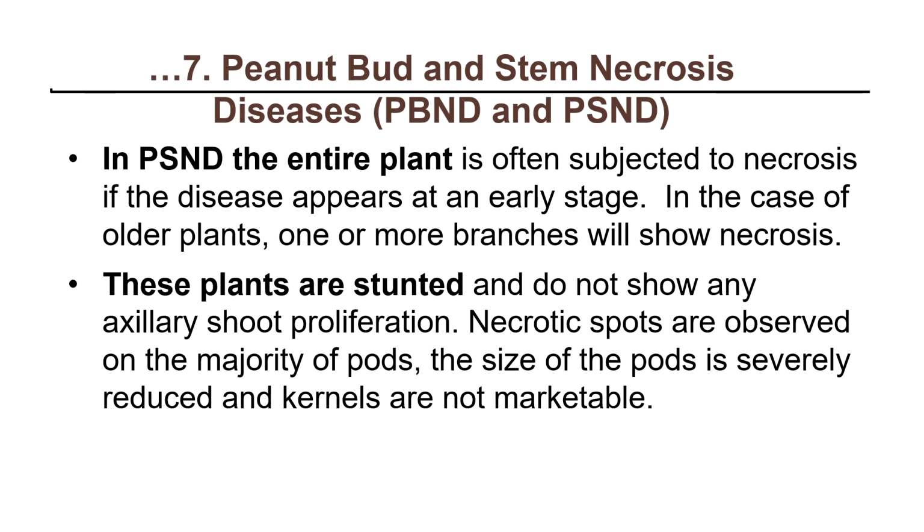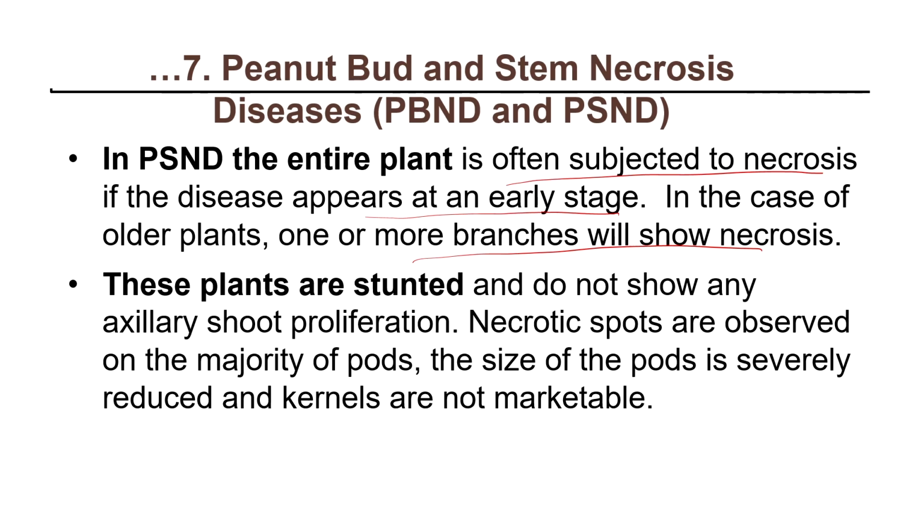In PSND, the entire plant is often subjected to necrosis if the disease appears at an early stage. In the case of older plants, one or more branches will show necrosis symptoms. However, other branches look healthy. These plants are stunted.